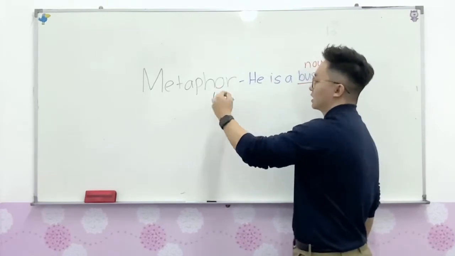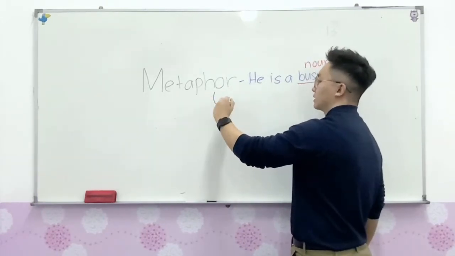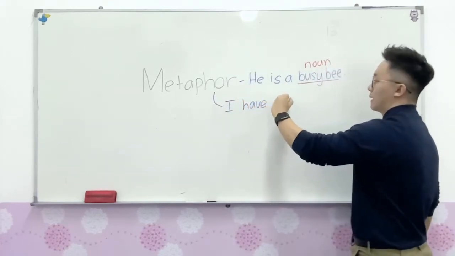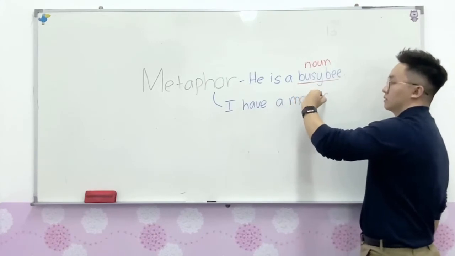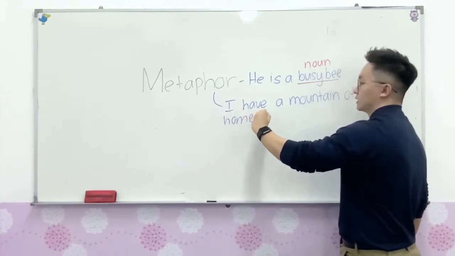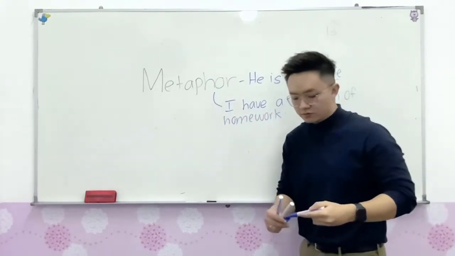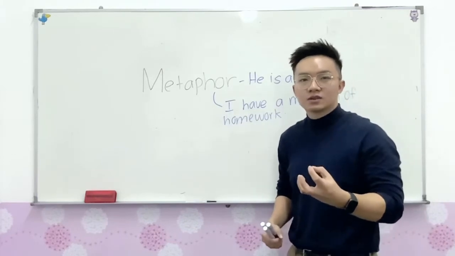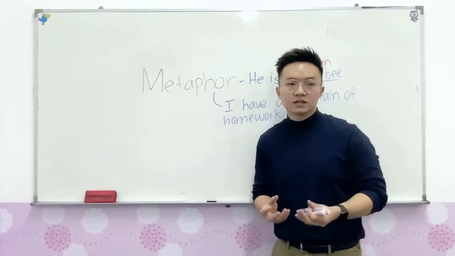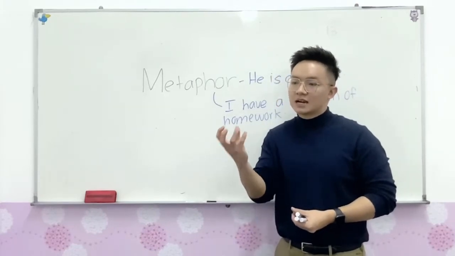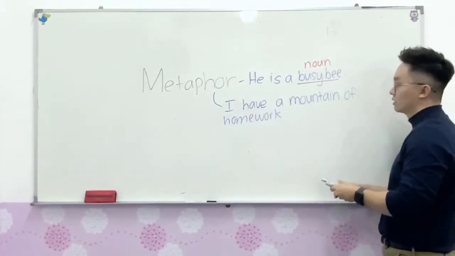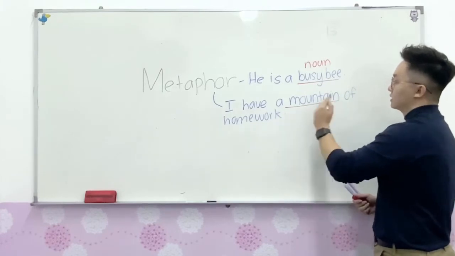Instead of writing a lot of homework, you can write something like this: I have a mountain of homework. You see, metaphor really requires creativity to write a sentence like this. It requires a lot of reading so that you can pick up the kinds of metaphor in any paragraph or sentences. Here I use a mountain of. This is a noun.